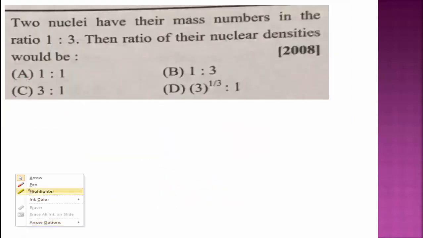Then, two nuclei have their mass numbers in the ratio of 1:3. Then the ratio of their nuclear densities would be.